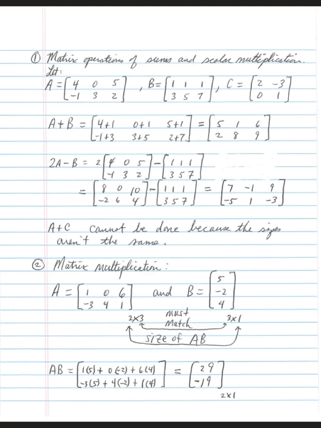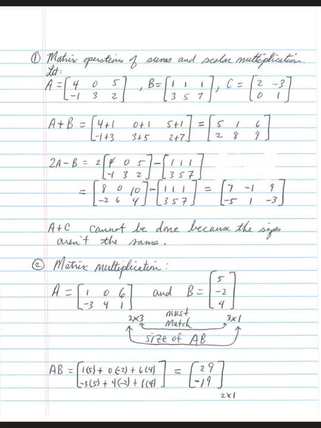If scalar multiplication is sprinkled in, do it first. 2 times matrix A, you would double each entry, so 8, -2, 0, 6, 10, and 4. Take care of the scalar multiplication first. Then you can subtract, and again, it's based on position. Upper left minus upper left, lower left minus lower left, and then you would put your totals over here.